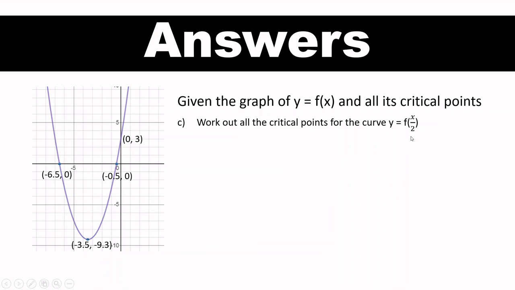Next, when I divided x by 2 inside the brackets, that's obviously going to affect my x-coordinates, but in the opposite way that I expected. So rather than having half their value, they're actually going to have double their value. This is going to be a horizontal stretch by a factor of 2. So the distance from the x-axis is now getting twice as big.